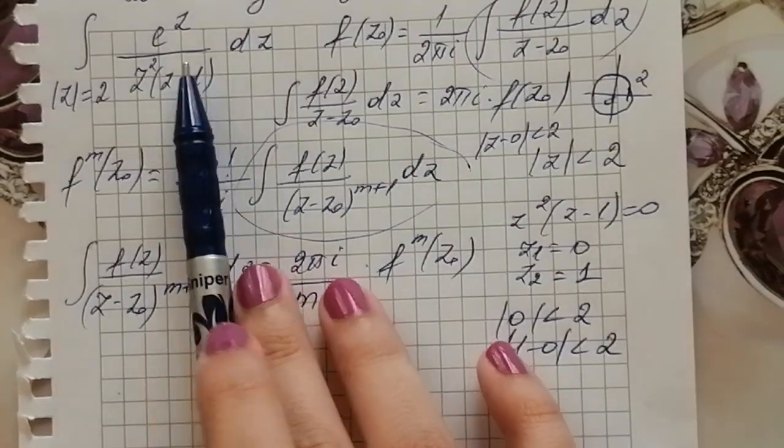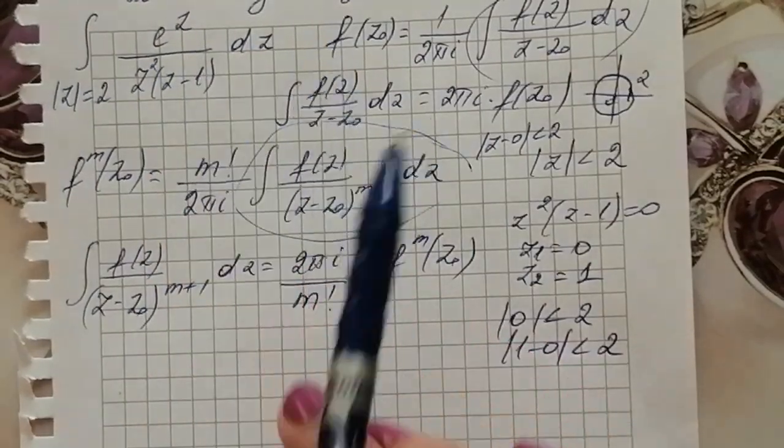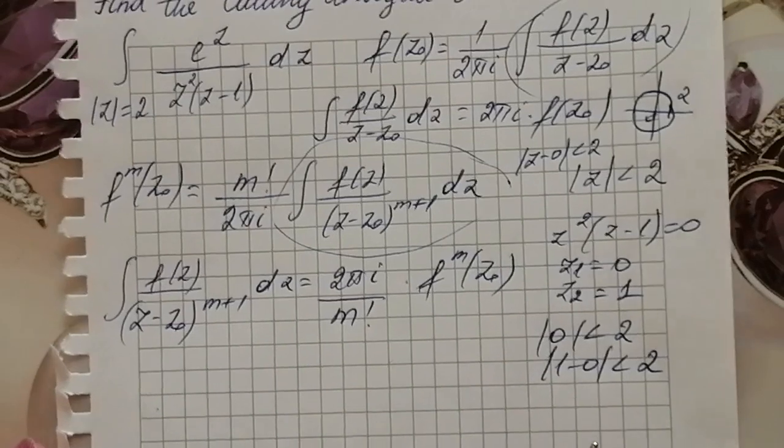Okay, let's solve this Cauchy integral formula as the sum of two integrals.